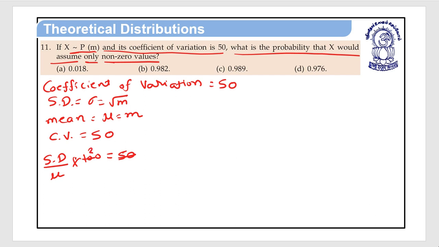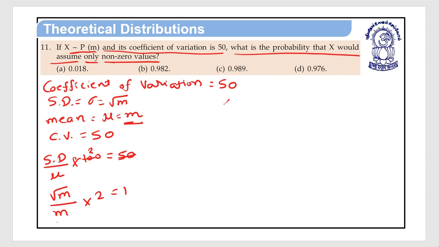So SD upon mu is 50 upon 100. Here you can put root m for SD, and instead of mu write m, into 2 is equal to 1.